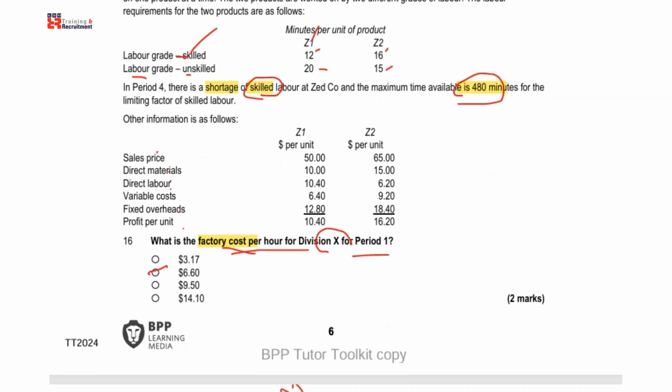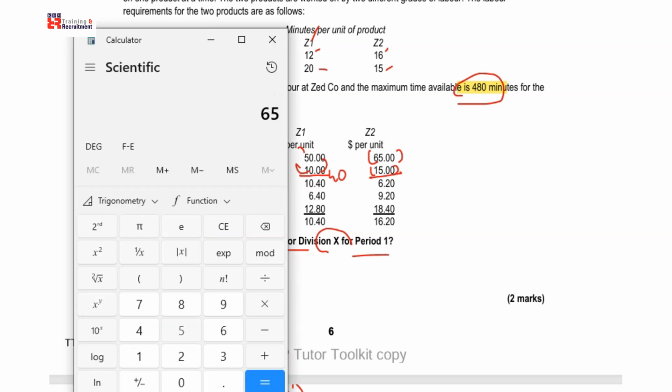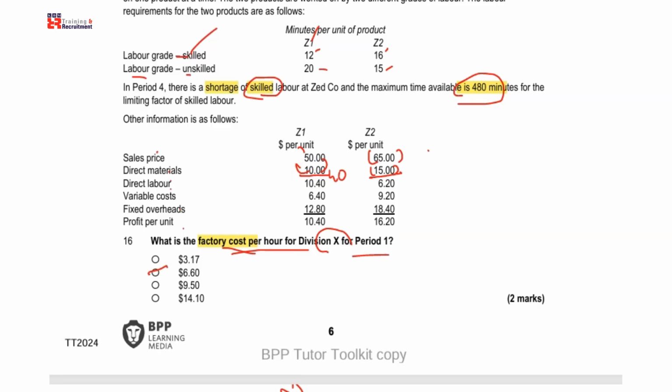So for Z1, the throughput contribution is sales less material cost, which is 65 minus 15, 50. Trust your calculator. Z2 gives you higher contribution, but your skilled hours are short.